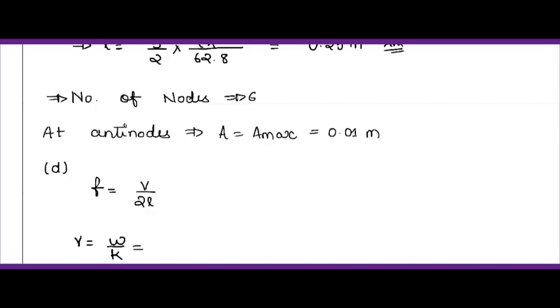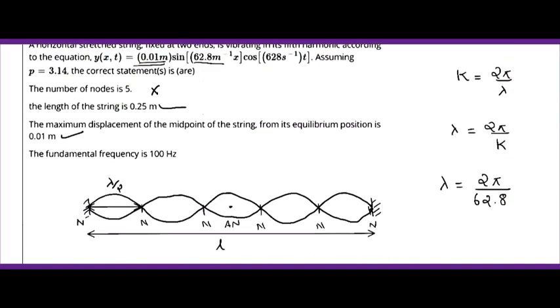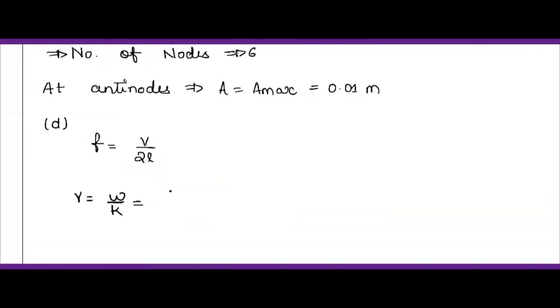We know both the values. We know the value of omega from the equation and also the value of k. So we put it here. Our omega will be 628 and our k will be 62.8 per meter. So our velocity will be simply 10 meters per second.